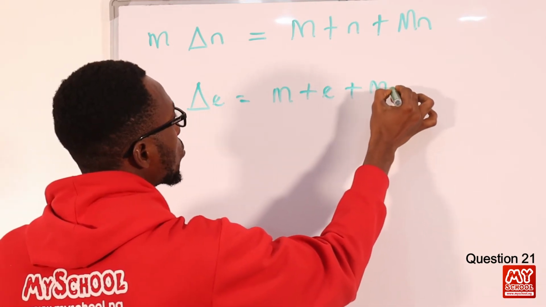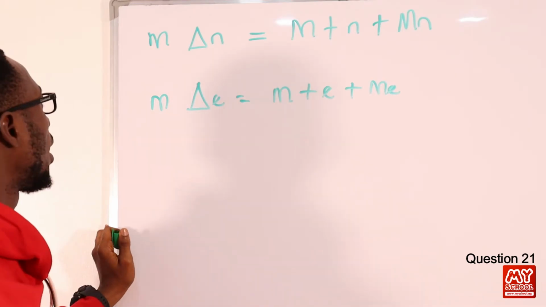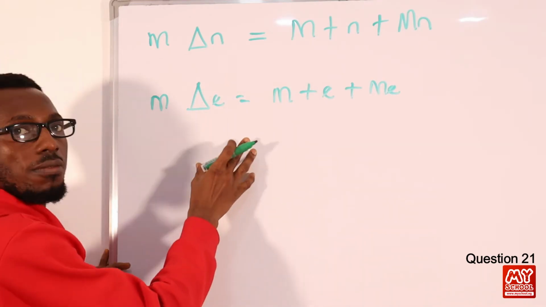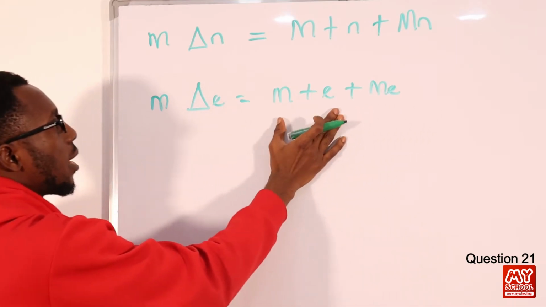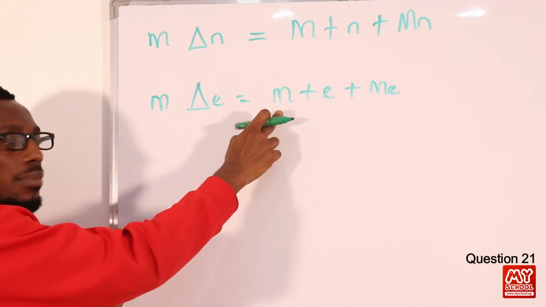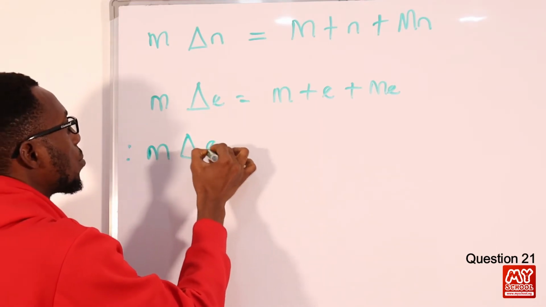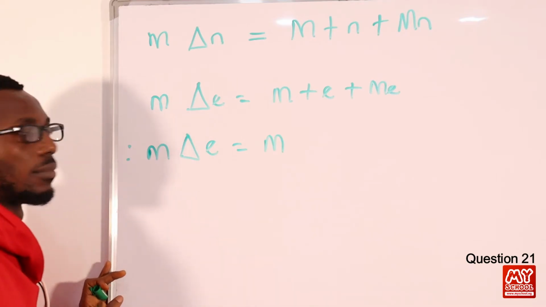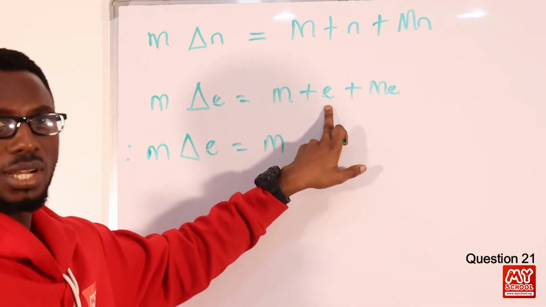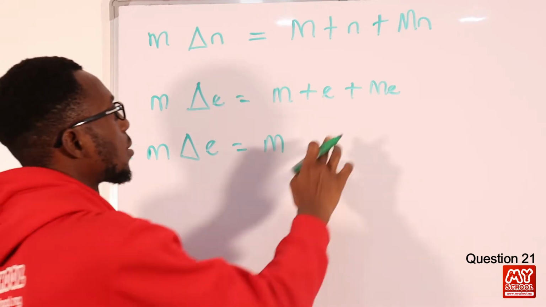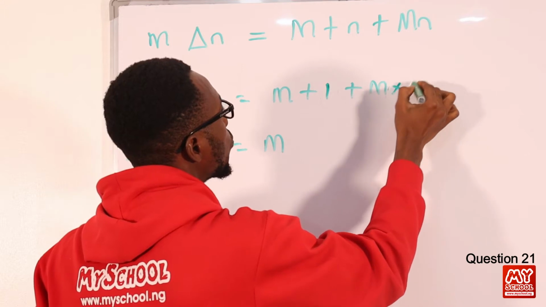Let's see what value of e we can substitute so that by the time we bring all of this together, we still arrive at m. Let's assume that the value of e is actually 1 and see if it will come back to m. The neutral element, that's 1 times 1.